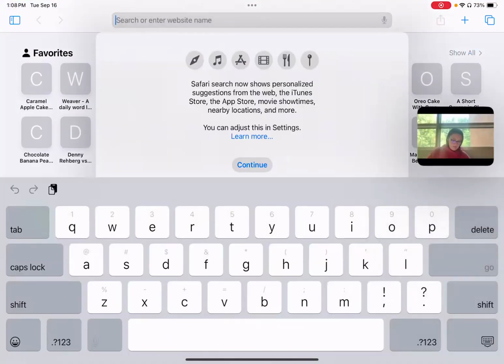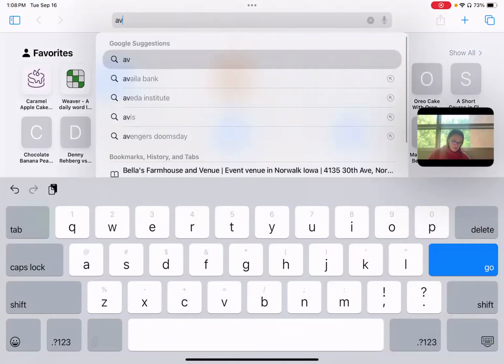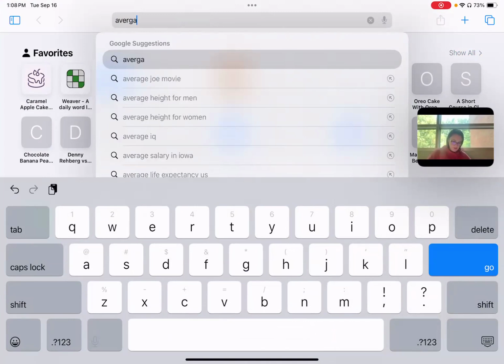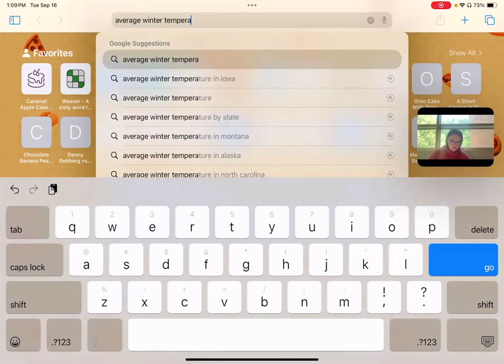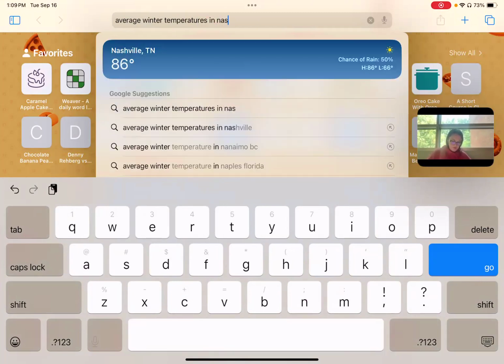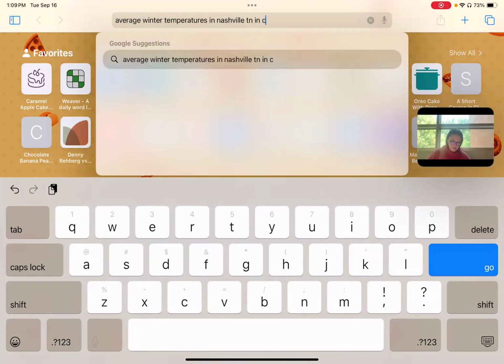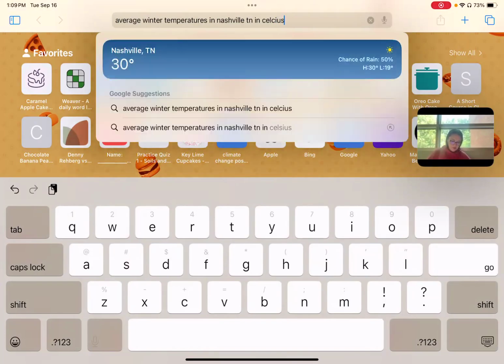So let's do average winter temperatures in Nashville, Tennessee in Celsius. Go.